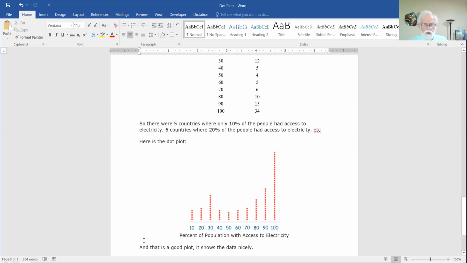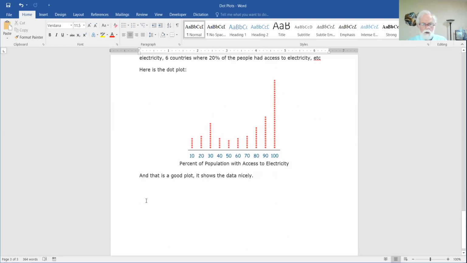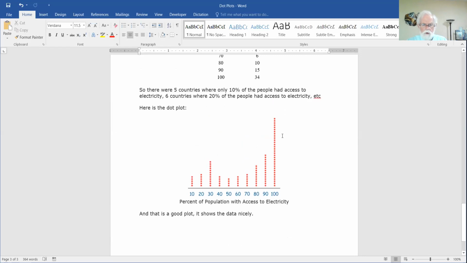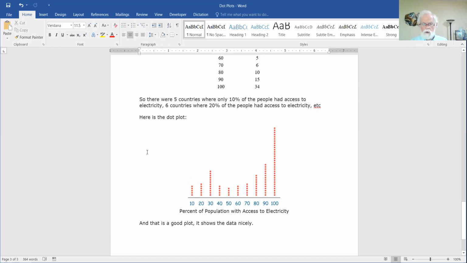So this might be better to put with a scale on it that gives a better example, because if you didn't see this table, you'd have to be counting all of these. But it's very clear that a plurality, the largest single grouping of countries, have essentially 100% access to electricity.